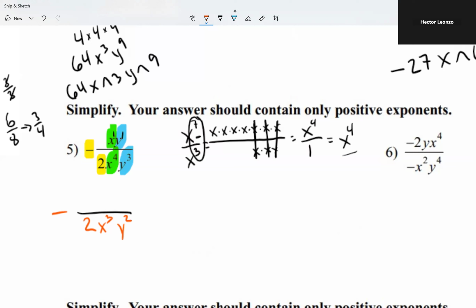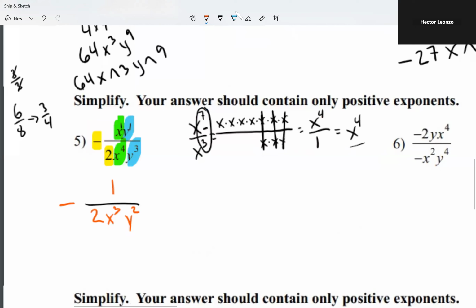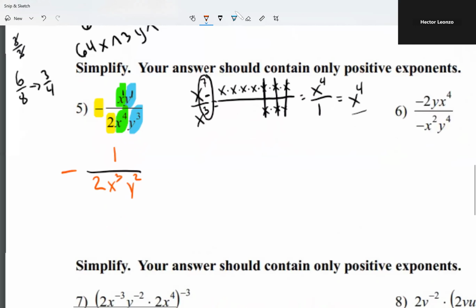Uh-oh, I see the top is empty. And remember I said empties, we're going to put a 1 in there. If the 1 is on the top, you leave it as a fraction. If the 1 is at the bottom, it stops being a fraction. In my case, it continues being a fraction. If I was doing it on paper, this is my answer. I'm done.